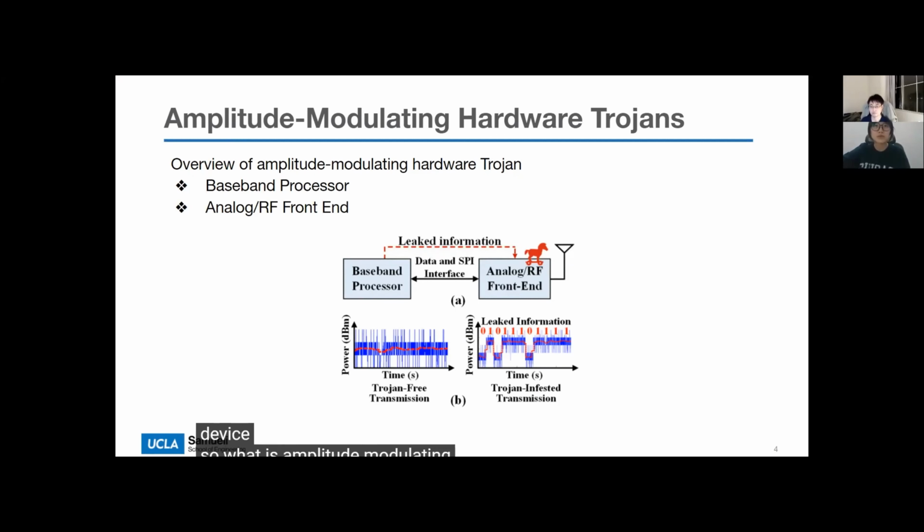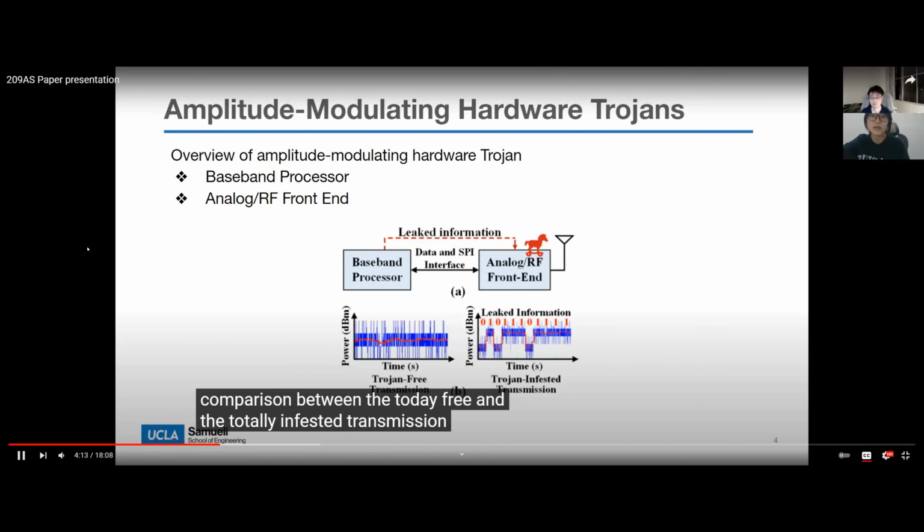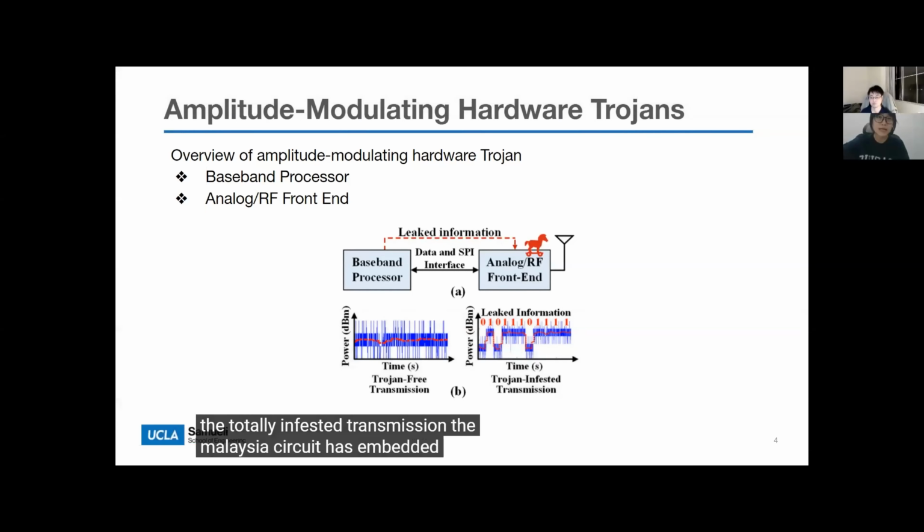So what is amplitude modulating? The figure here on the bottom shows the comparison between the Trojan-free and the Trojan-infested transmission. The malicious circuit has embedded the leaked information in the transmitted signal amplitude while remaining compliant with the wireless protocol and the design specifications.